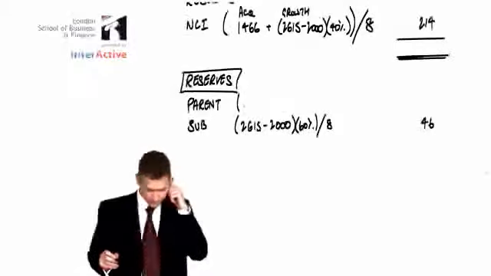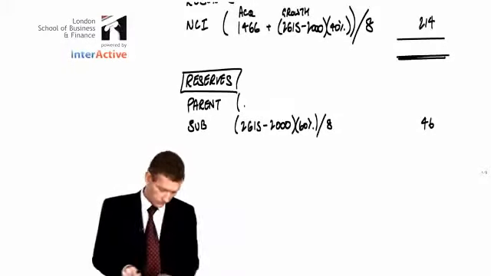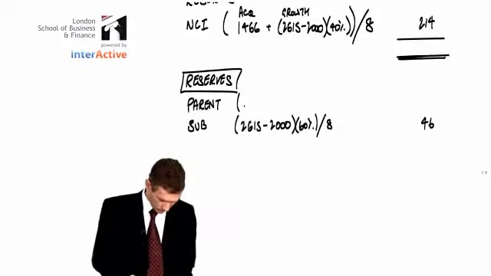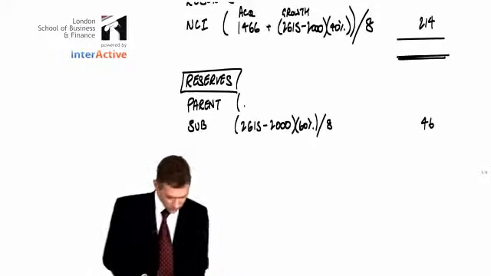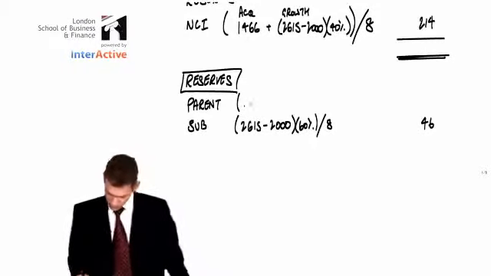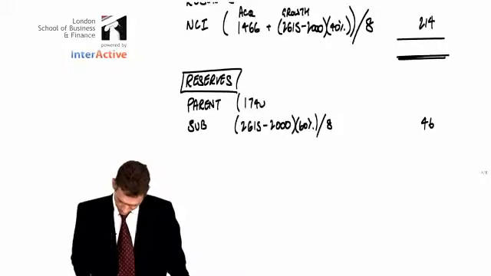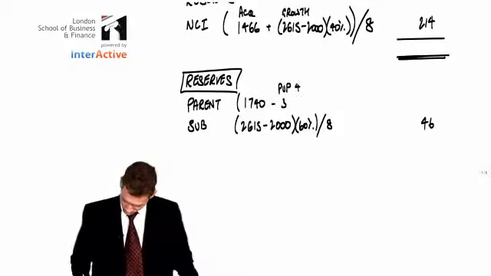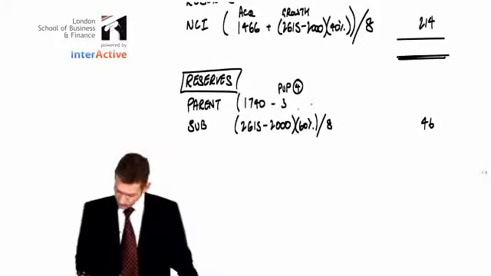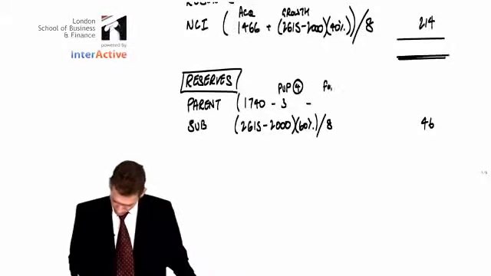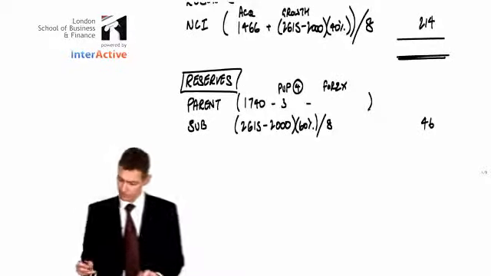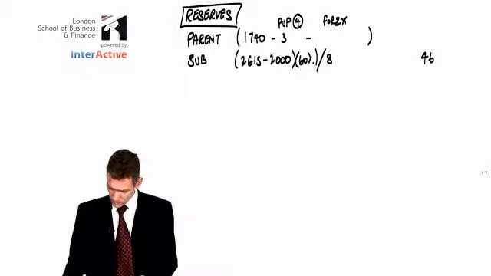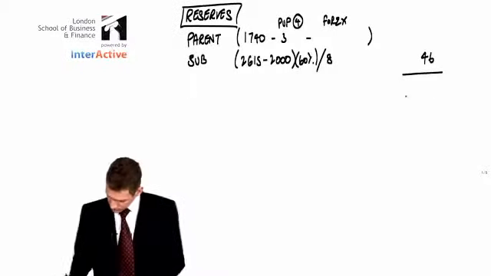Parent. $17.40. Very hard to remember this, but there's also a PUP, a parent PUP from paragraph 4. Remember that? Tricky, eh? And then we've got the Forex. I've put minus on the Forex. I can't remember if it is a gain or a loss. Let's find out. So we have workings within workings now. So I'm going to add down there, get a total.